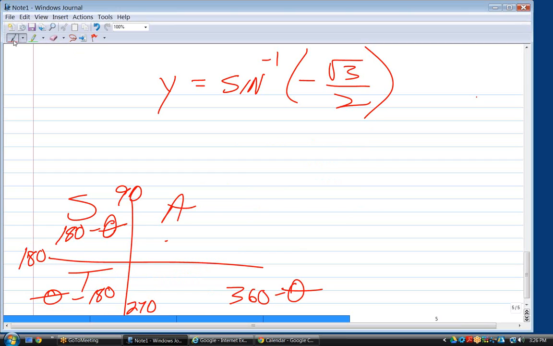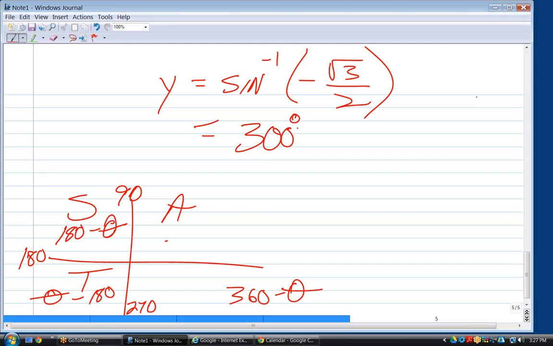So did we get the answer? What was their exact question here? Find the exact value of the real number y, where y equals arc sine of negative root 3 over 2. So they said find the real value. Well, there's multiple ones. If you put that into your calculator, you're going to get 300 degrees.